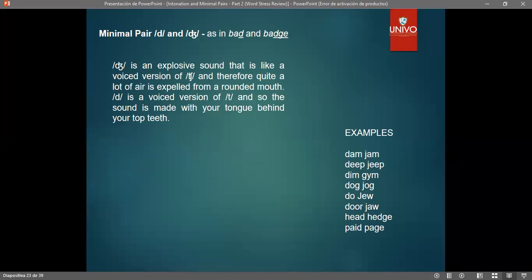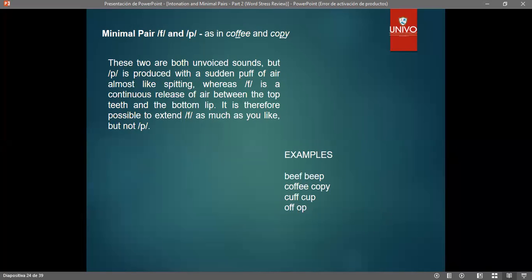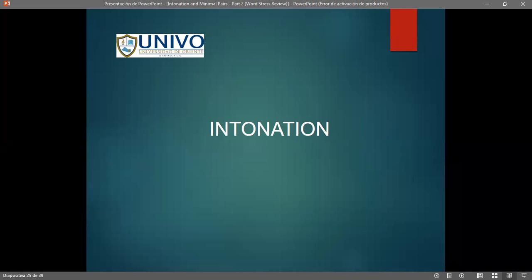So you can see here, I have gathered a lot of information for you about the minimal pairs, but we are going to stop right now with this topic, and we have to continue with this one. Now we have to start intonation. Let me ask you, if you want to participate, activate your microphone, but if you want to write something, do it as well.